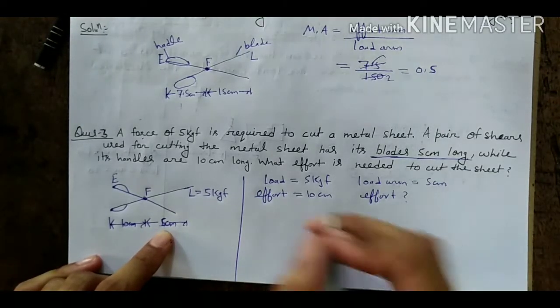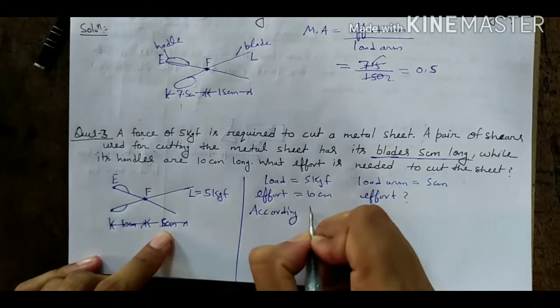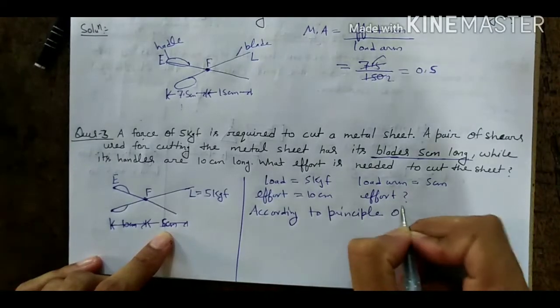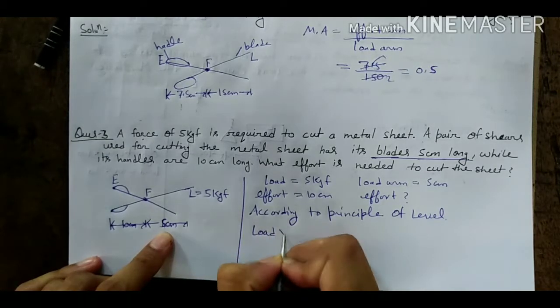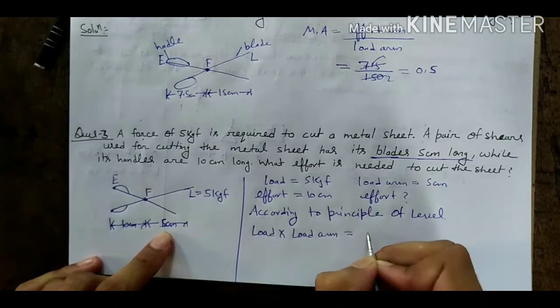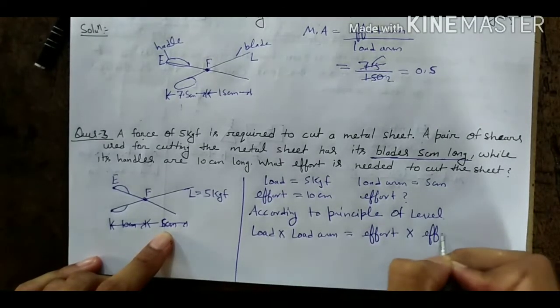In this type of question, first we will write according to the principle of levers. According to the principle of levers, we know that load into load arm will equal to effort into effort arm.